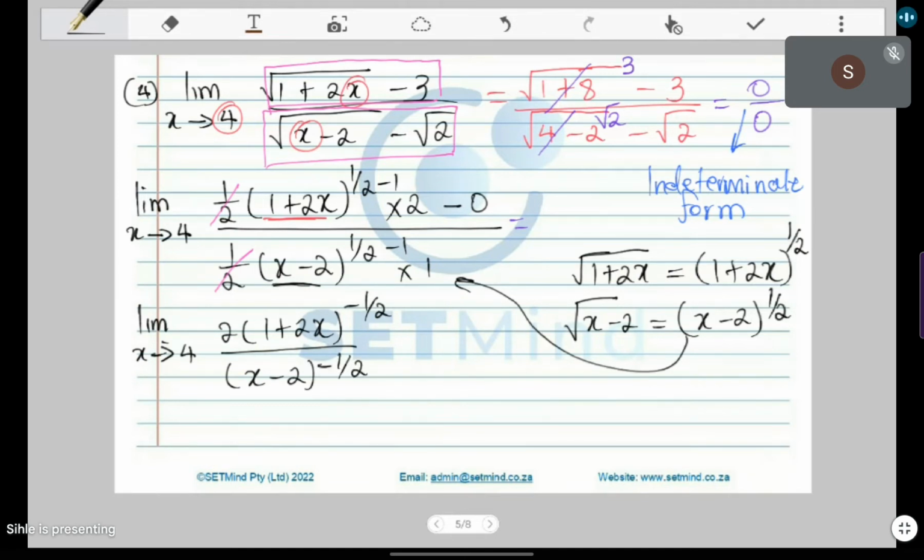So if you remember your exponential laws, I can simply say this is the same as the limit as x approaches 4 of, I can flip these because of the negative here. This can come here. And because of this negative here, this can come here.